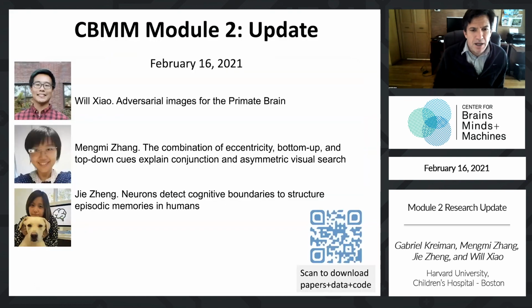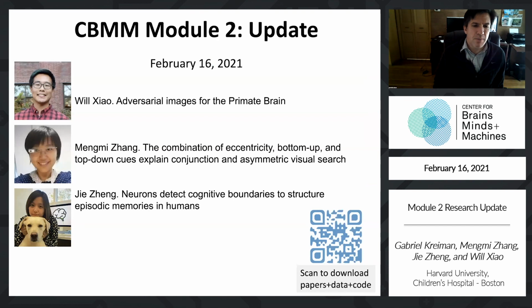So today we have three talented young people that are going to talk about work in progress in this domain. The order I think is not correct here. We'll start with Mengmi first, and then GA, and finally Will.